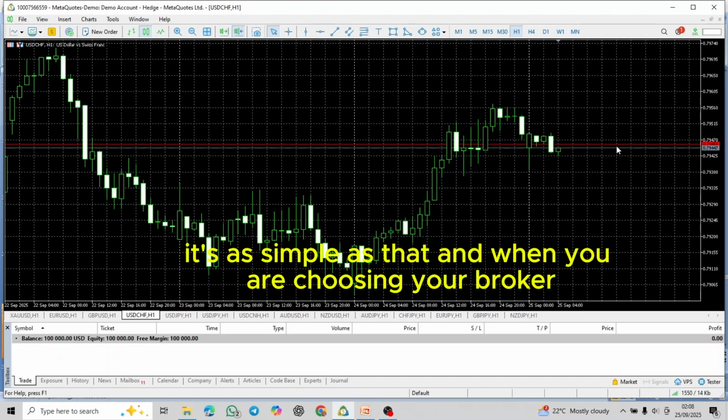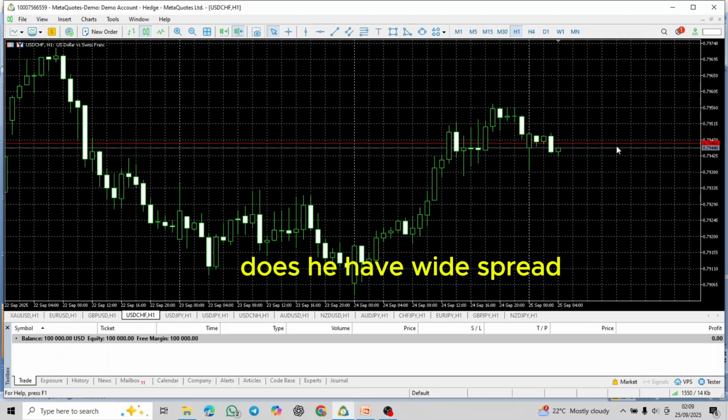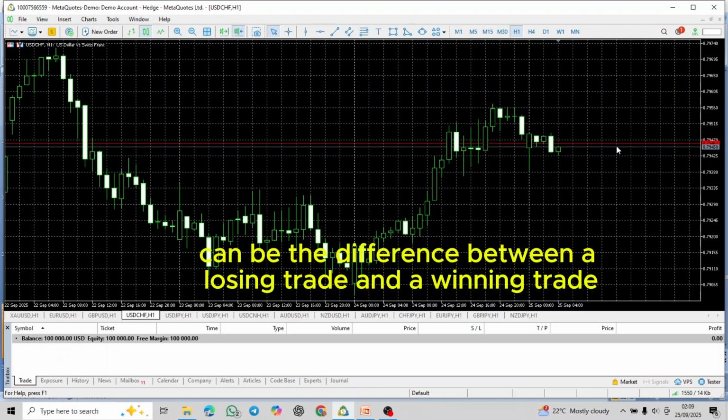When you are choosing your broker, the spread is one of those things you should look out for. Does he have wide spread? Look for optimum spread. One pip difference in spread can be the difference between a losing trade and a winning trade.